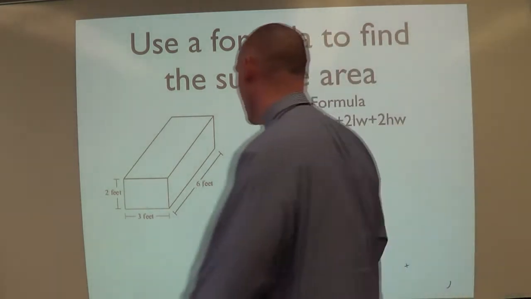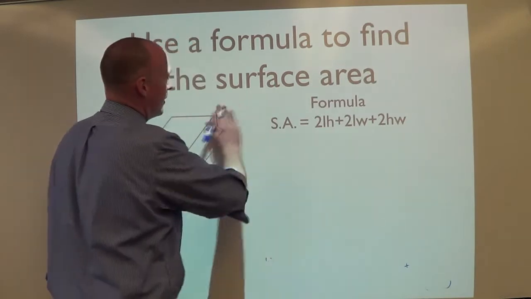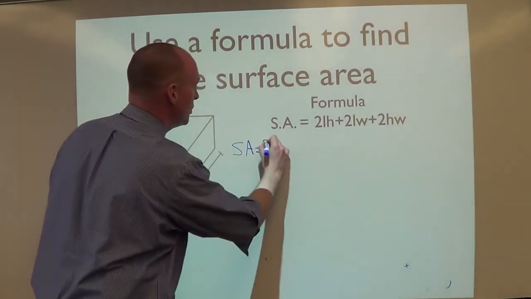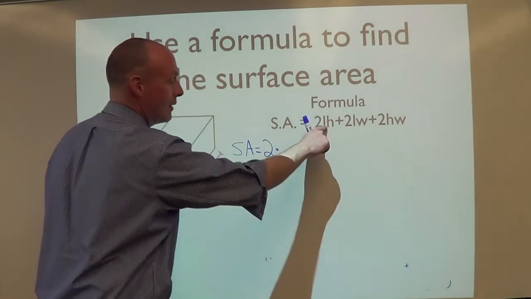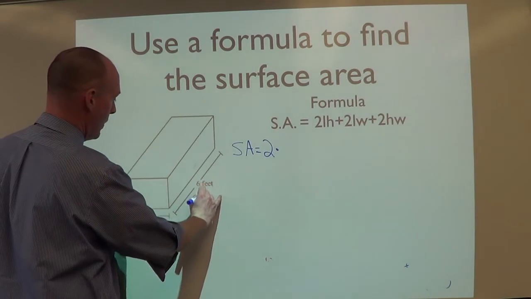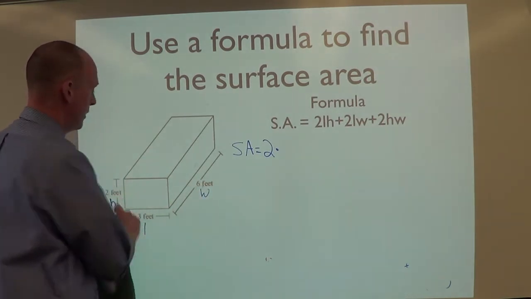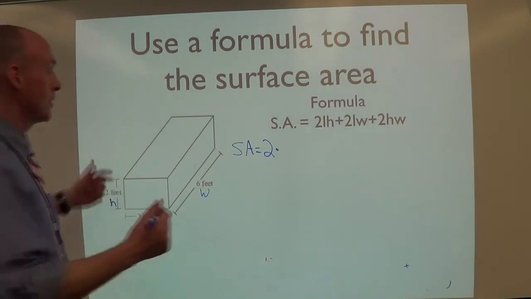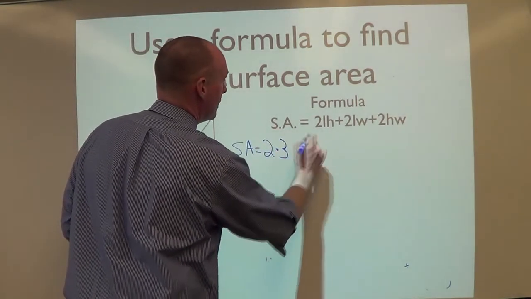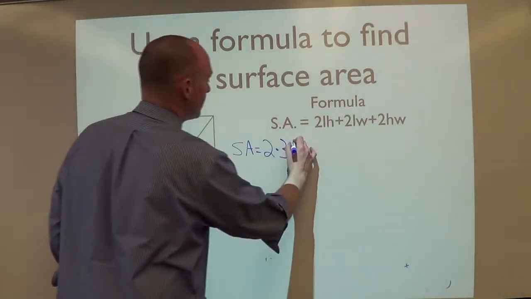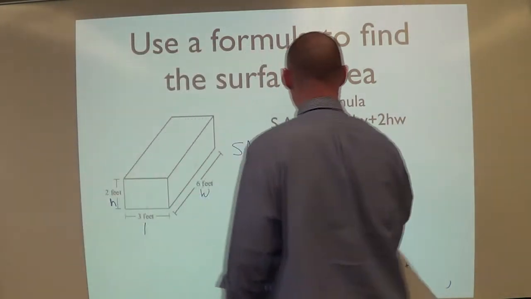Let's try it. So surface area, SA equals 2 times, okay, what's the length? Well, let's look down here. Length, width, height. Okay, 2 times the length, that's 3 feet, so 2 times 3, times height, which is 2. Perfect, that's done.